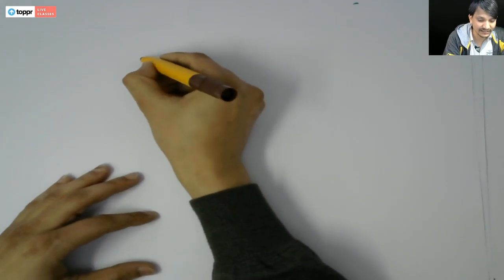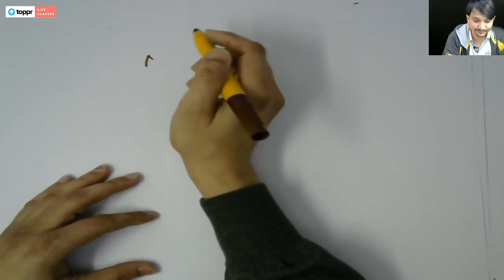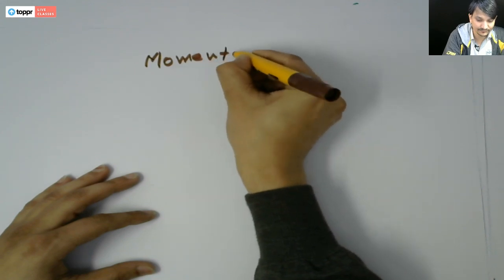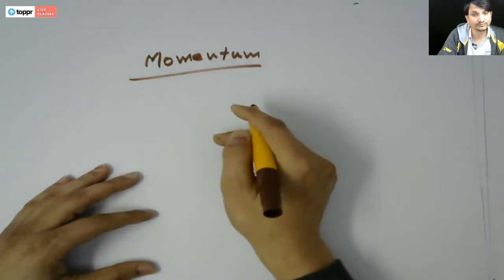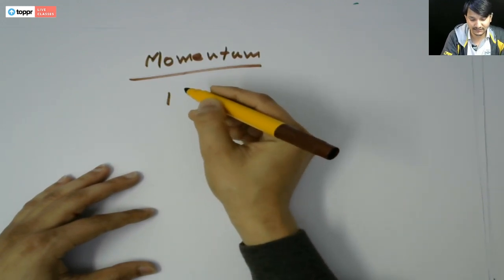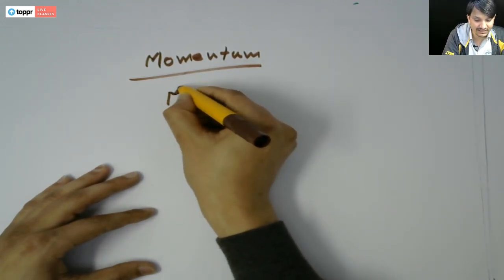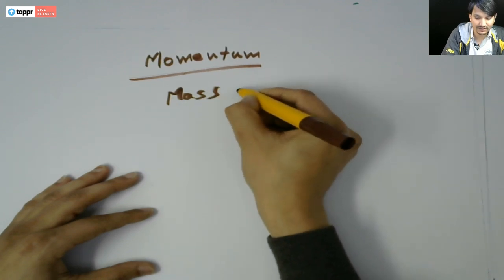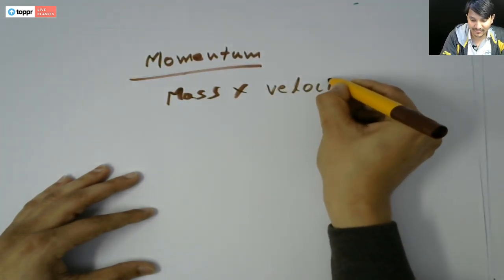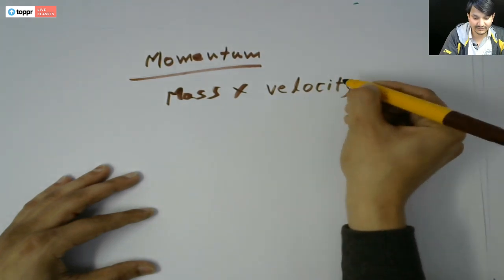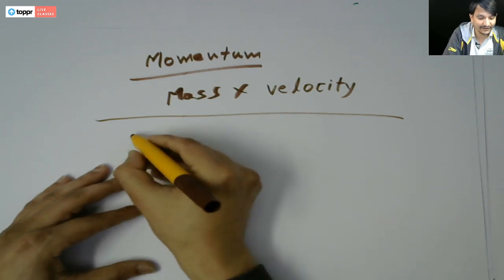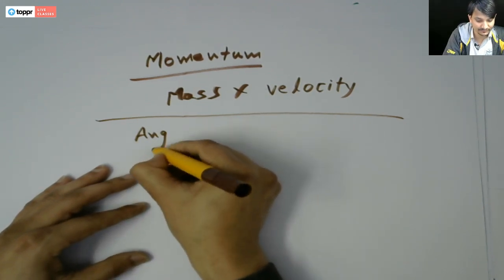Earlier we have studied momentum. What is momentum? Momentum is mass times velocity. Similarly, in rotational mechanics, we have angular momentum.